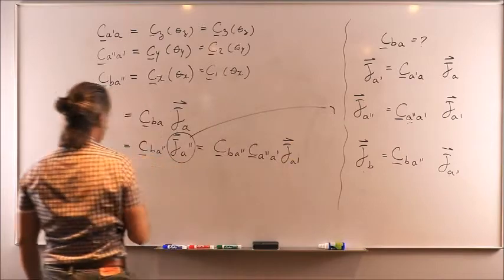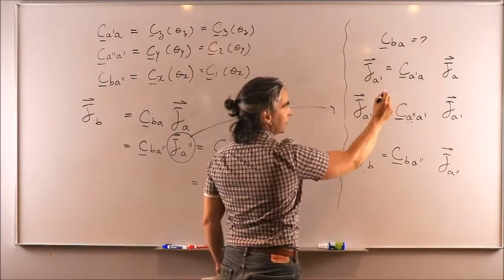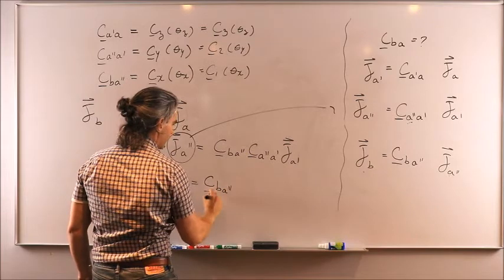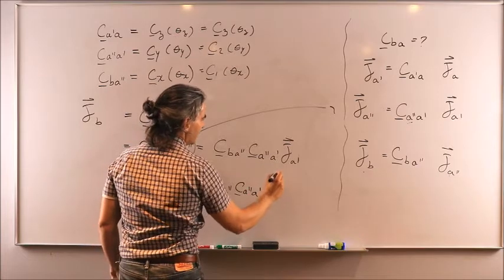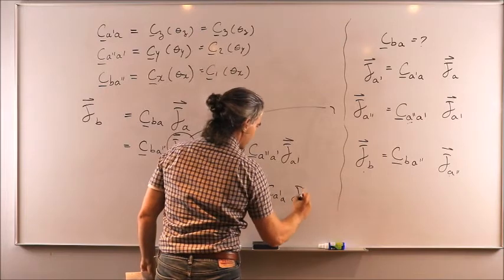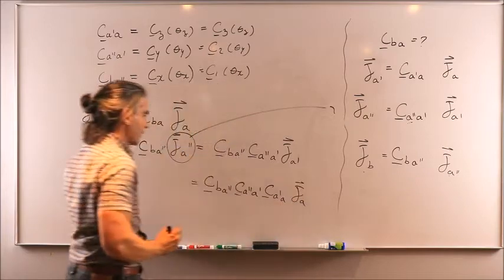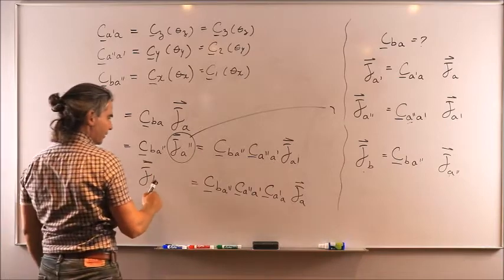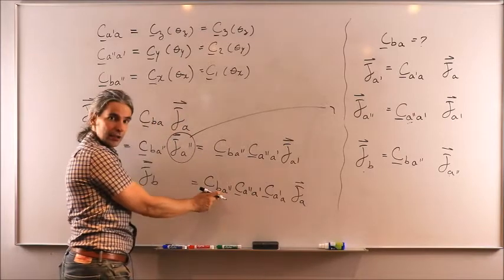But I know that A prime was obtained from A through C A prime A. I'm going to write down C B A double prime, C A double prime A prime, and finally A prime was C A prime A times reference frame A, okay? So that is how you can go from A to B through a 3-step rotation sequence.